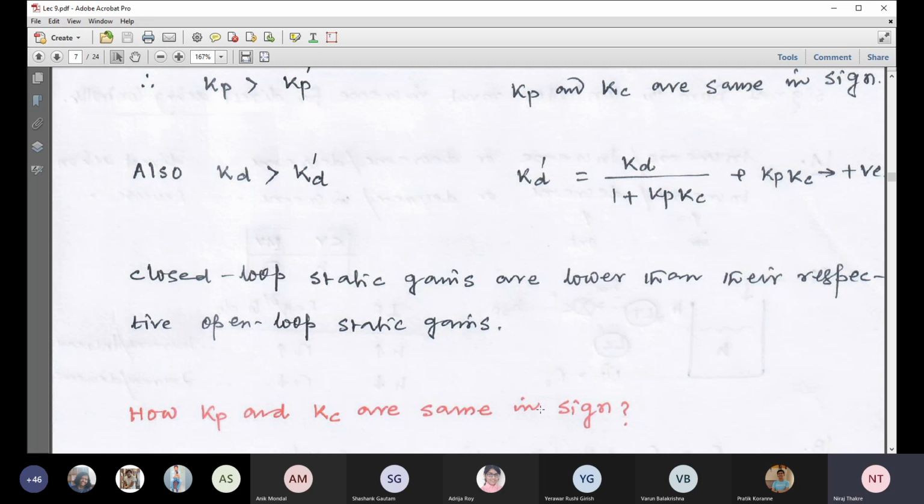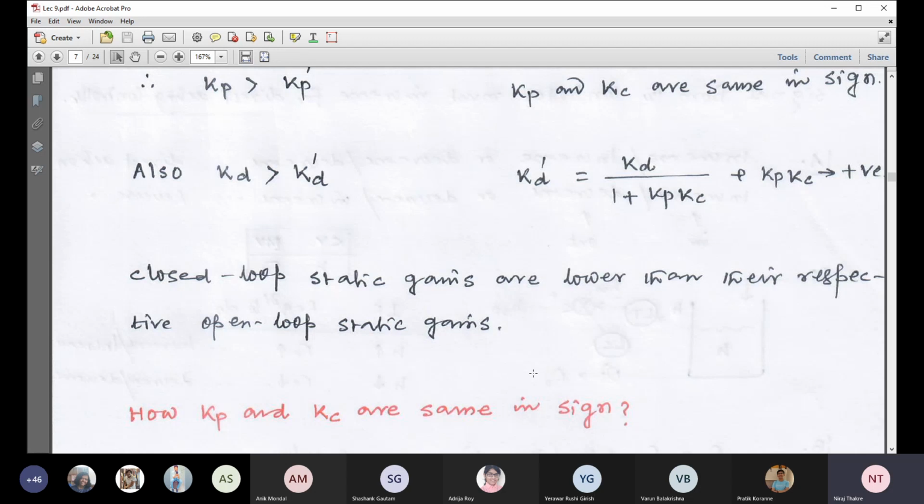I will give the answer of these two questions. First one is KPKC is always positive, and second one KP and KC, they are same in sign. These are the two questions given to you. You try to find the answer.